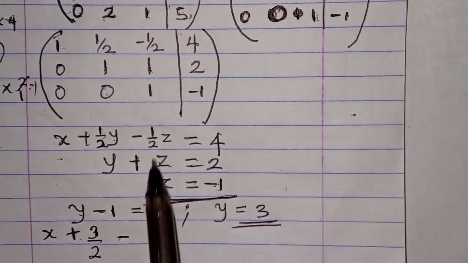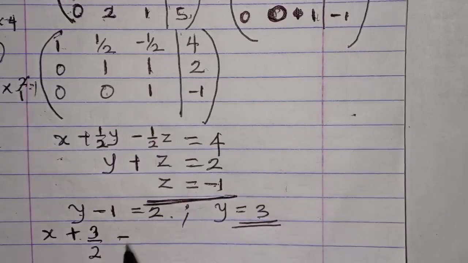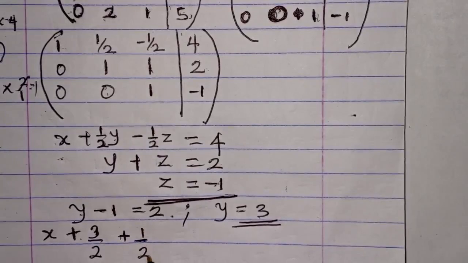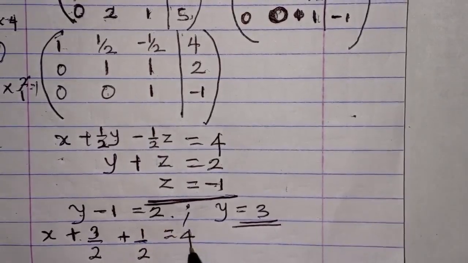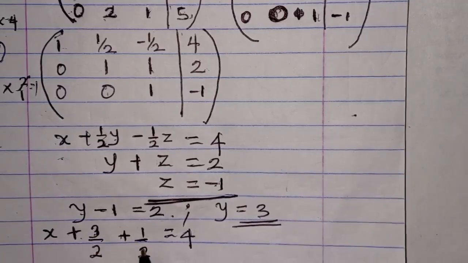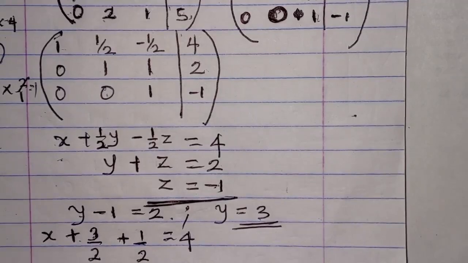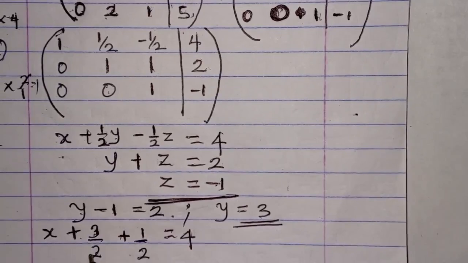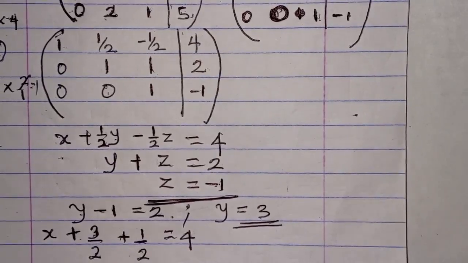Of course, minus half times minus 1 will be plus half, plus 1 over 2 equals to 4. 3 over 2 plus 1 over 2 is actually 2. They have the same denominator, so add their numerators. 3 plus 1 is 4, and divided by the common denominator, 4 over 2. That will give me 2.